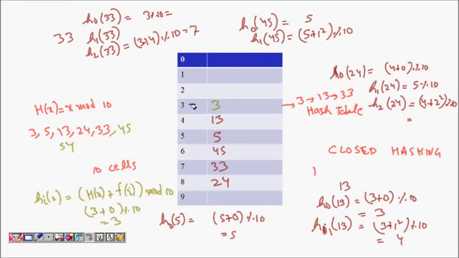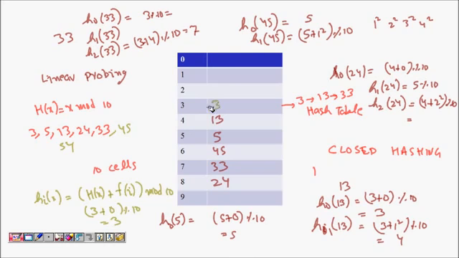Now you can see that there is no clustering effect, because it's adding 1 square, 2 square, 3 square, 4 square, and it's better than linear probing. In linear probing, with wraparound, we just found the next empty cell and put it there.